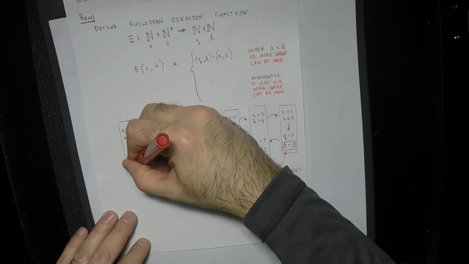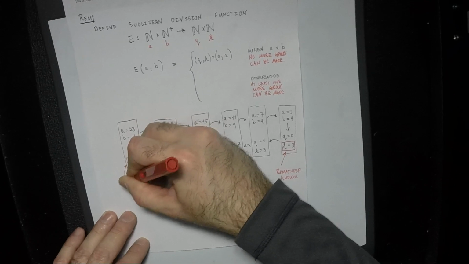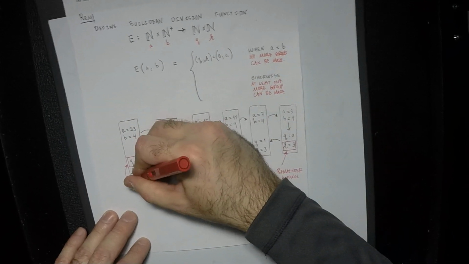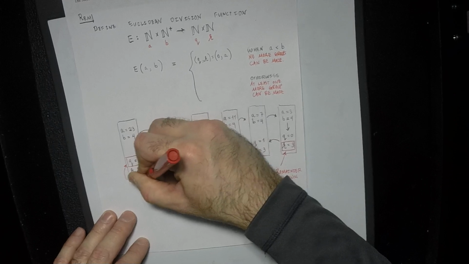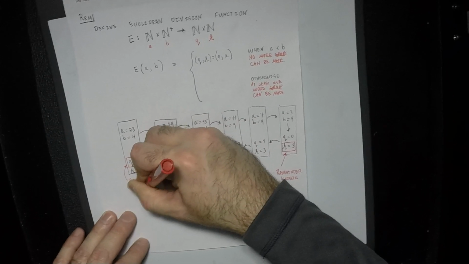And then notice that as the process is moving to the left, when is the quotient known? On the last step, right? Quotient.